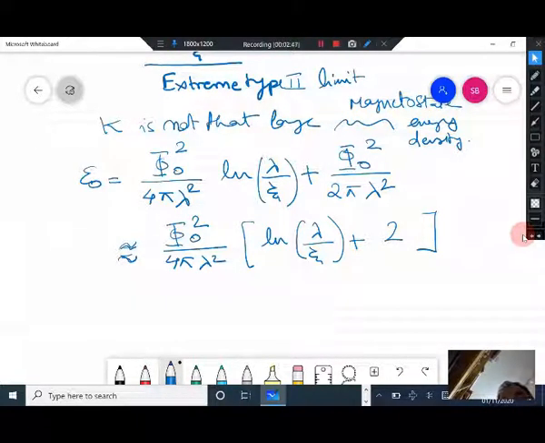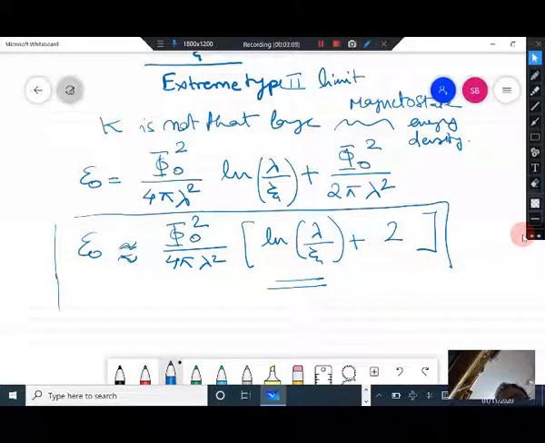So in the extreme type 2 limit, you will essentially consider the first term. But if kappa is not so large, then it is essentially phi naught square by 4 pi lambda square plus an additional factor, which will come into the picture when you consider the contribution to the energy per unit length of a vortex line.